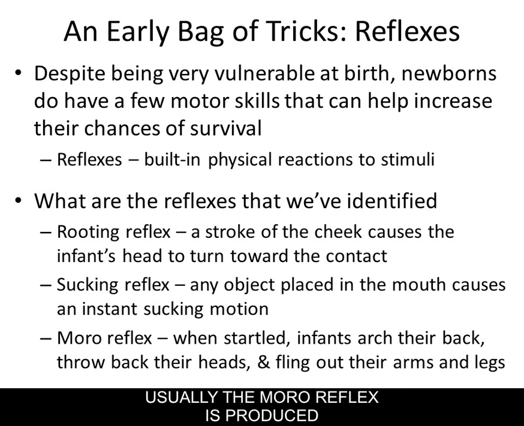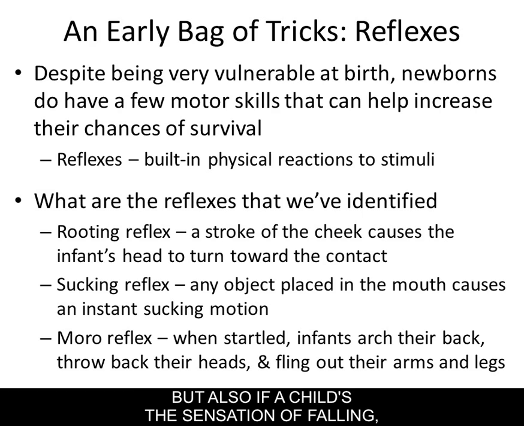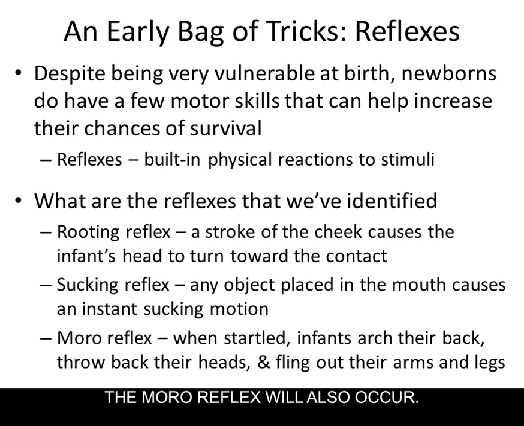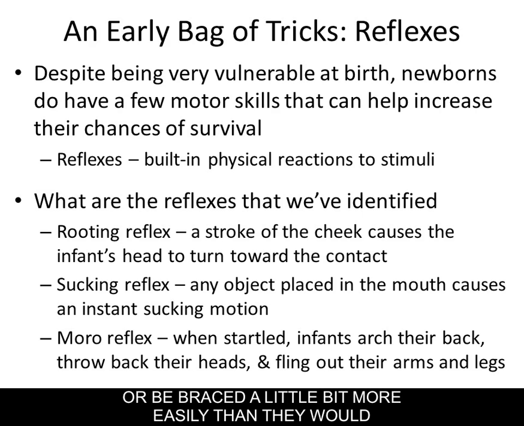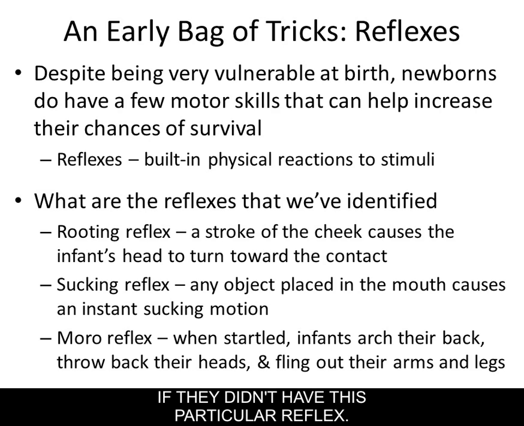Usually, the Moro reflex is produced when a child is startled, but also if a child feels a sensation of falling. This arching of the back, throwing back of the head, and extension of the arms and legs theoretically allows the child to be caught or braced a little more easily than they would if they didn't have this particular reflex.